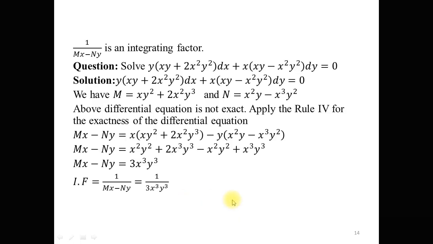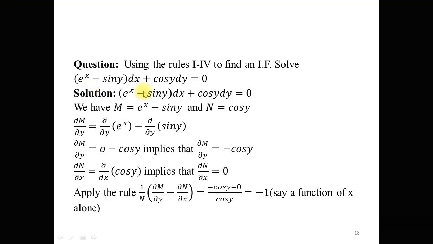But in this problem, you see that it is not homogeneous and not in the form of y multiplied by an f function and x multiplied by a g function, so we cannot use rule 3 and rule 4. So we can use rule number 1 and rule number 2. First of all, find 1 over N into partial M by partial y minus partial N by partial x.